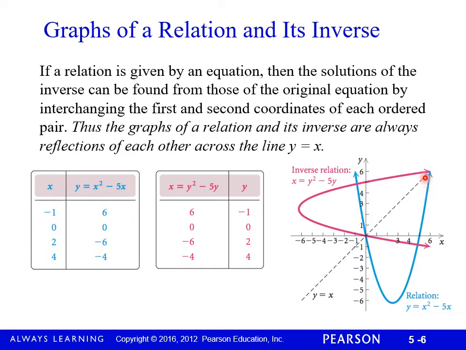If we rotated this a quarter turn clockwise, notice we'd have a sideways parabola, and then if we flipped it, it would go from the bottom to the top. Rotate a quarter to the right or clockwise, and then flip it over the x-axis.